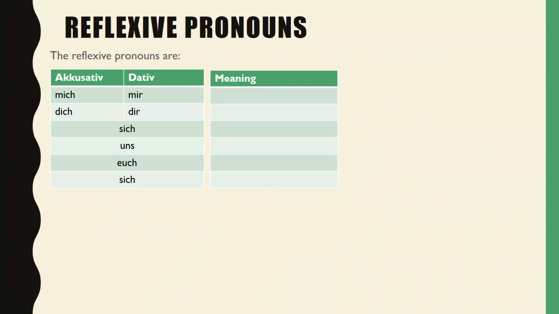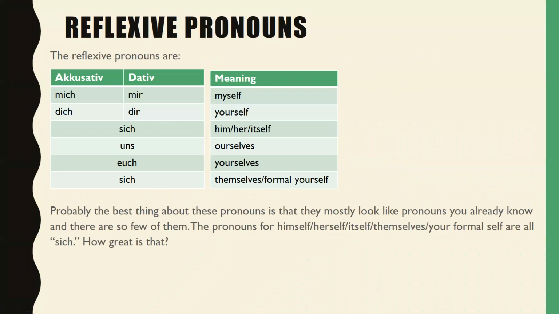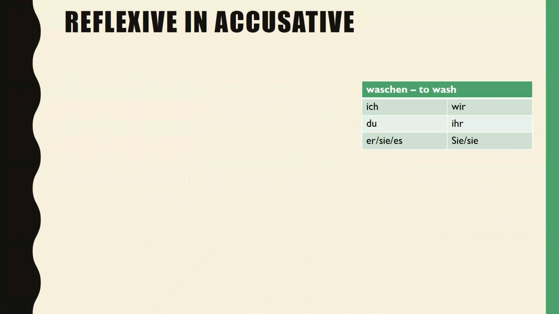The meanings of these pronouns are myself, yourself, him, her, or itself, ourselves, yourselves, themselves, or yourself formal. Probably the best thing about these pronouns is that they mostly look like pronouns you already know, and there are so few of them. The pronouns for himself, herself, itself, themselves, and your formal self are all sich. How great is that?